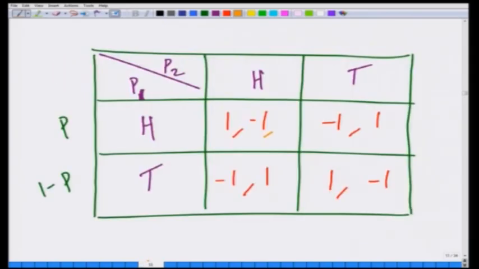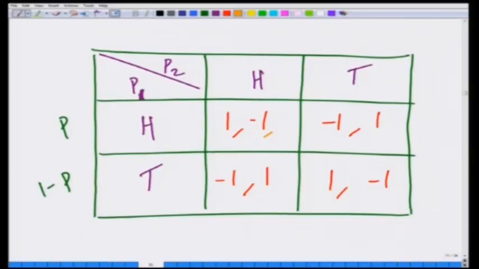So, let me repeat this argument again, because, at least initially, for those who are not very familiar with probability, this can be a slightly tricky and also slightly confusing argument. Let me repeat it so that you understand it thoroughly.